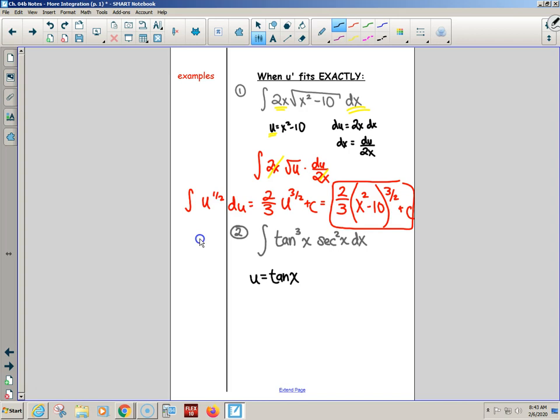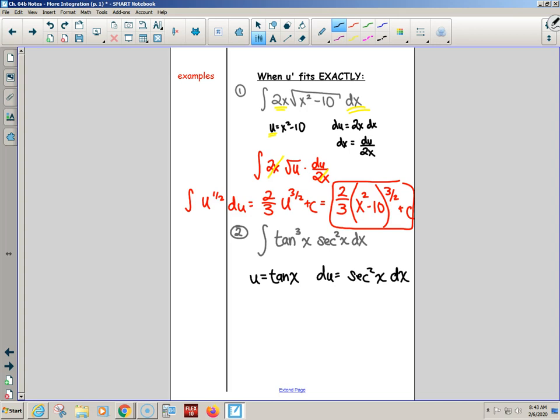Just see if it can make sense why I chose tangent. Who would du be? Who's u prime? Secant squared. We're going to be practicing our derivatives as we find our u primes. Always good to remember what we're supposed to already know.